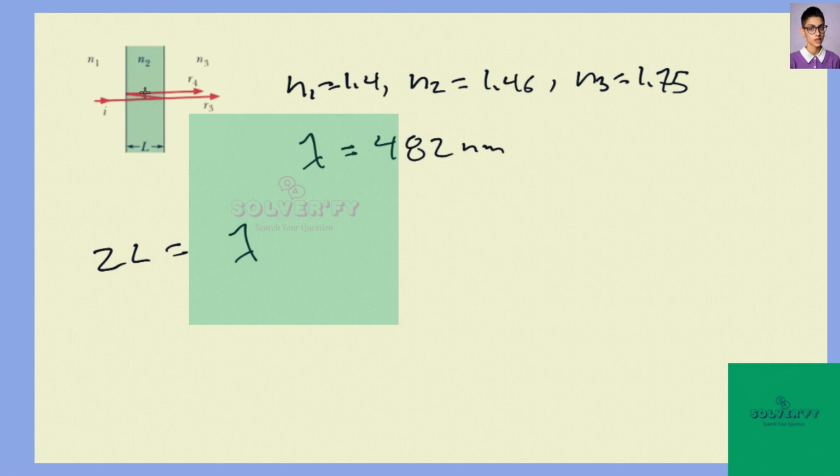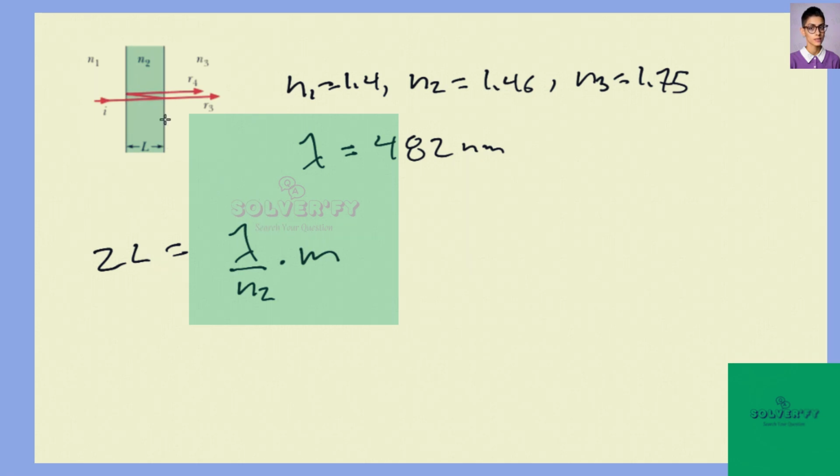And in this material, it's got some index of refraction, so the wavelength in the material is lambda over the index of refraction, which is N2. So that's the wavelength in the material, and we need some integer multiple of this, so we can just multiply by an integer, which I'm going to call m. So m is 1, 2, 3, 4, etc.